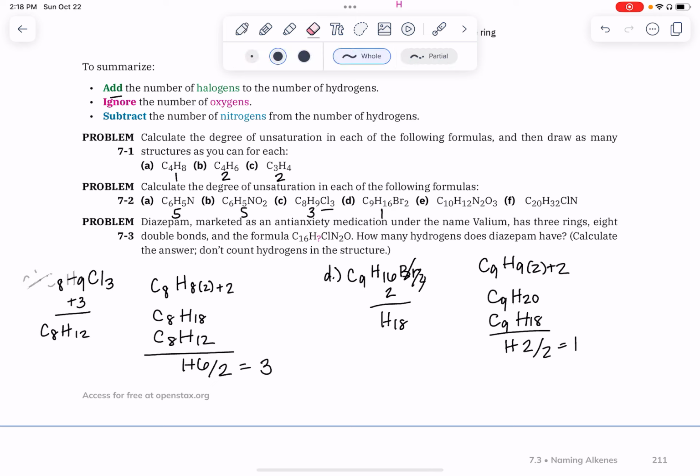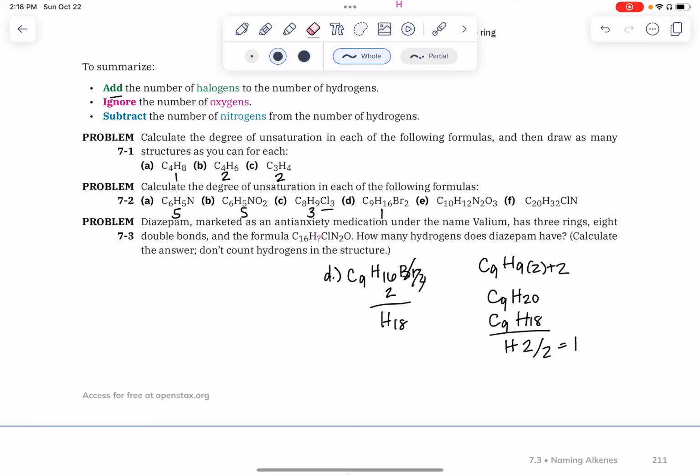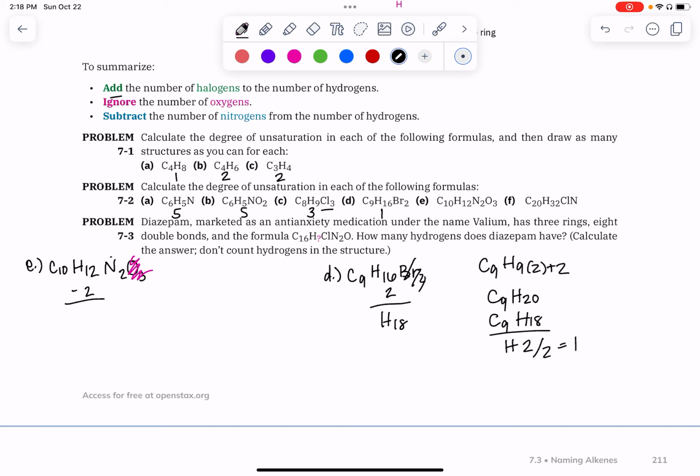Let's look at E. E is C10H12N2O3. We know we can ignore the oxygen. We can subtract our 2 nitrogens and then get rid of it. That's going to give us C10H10.